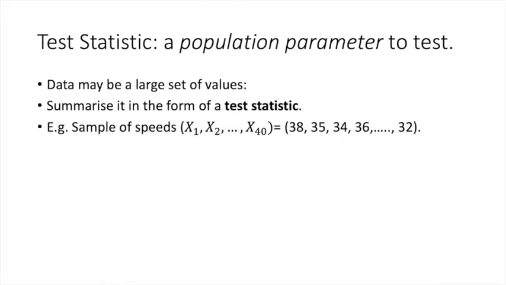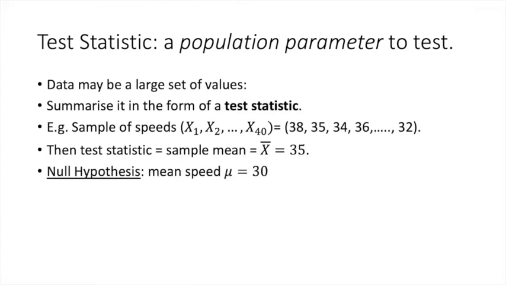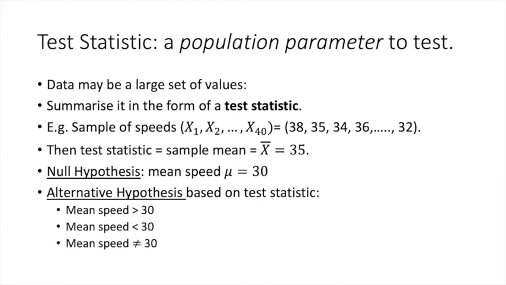For example, if we have a sample of car speeds, then the test statistic can be the mean value of this sample. Hence, our null hypothesis can be that the mean speed equals 30, whereas the alternative hypothesis can be any of the three inequalities as on your screen.